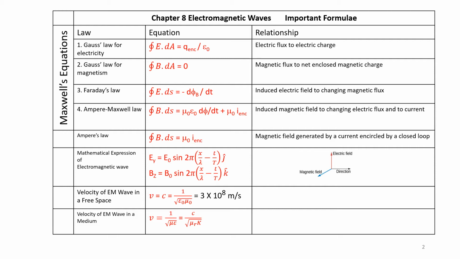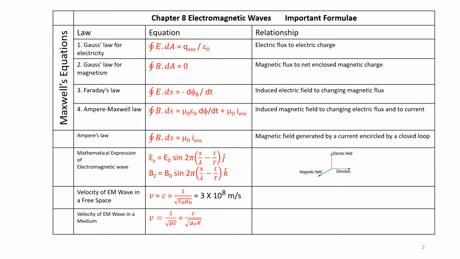And the fourth one, Ampere-Maxwell law. It is a modified Ampere's law. It is added, so B dot dl links the magnetic field to changing electric flux and to current. Therefore, integral B dot dl is equal to mu naught epsilon naught into d phi by dt plus mu naught into I enclosed.